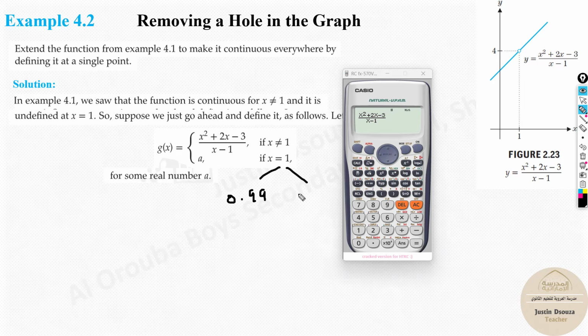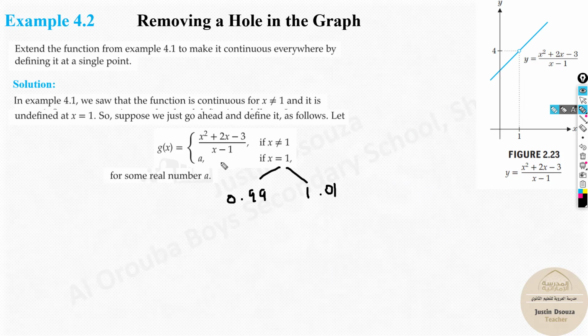One should be less than 1, one should be just more than 1. I will calculate this at 0.99. And what is the answer? 3.99. Now I calculate it at 1.01. And what is the answer? 4.00. So I know that is the answer, right? So now the piecewise function, the answer would be, this is fine.